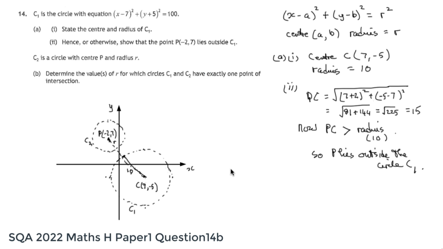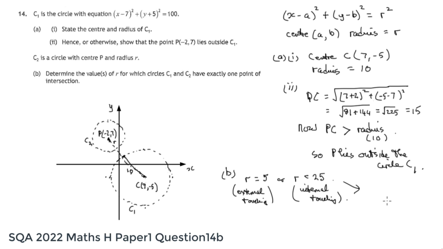So I think what we do then, finally, is we just write the two values down. So R equals 5 or R equals 25. So this one gives you an external touching, and the other one gives you what's called an internal touching.